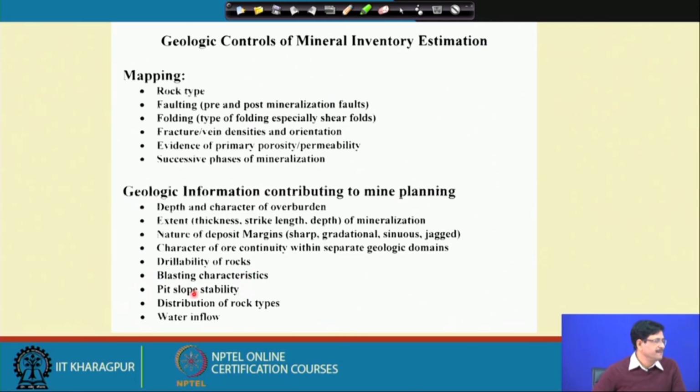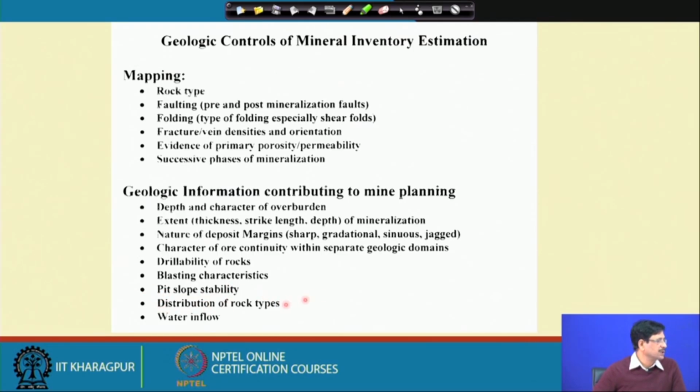Pit slope stability, because as we just showed through some sketches, a surface mine as it progresses to greater depth also has to progress laterally, so that a safe slope is maintained, and in many situations the rock type has to be favorable for maintaining such a slope, and special preventive measures are taken for that.